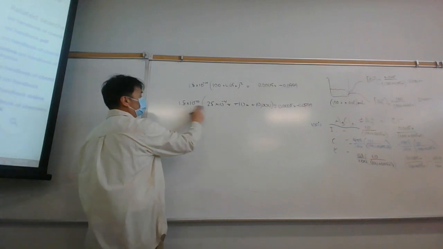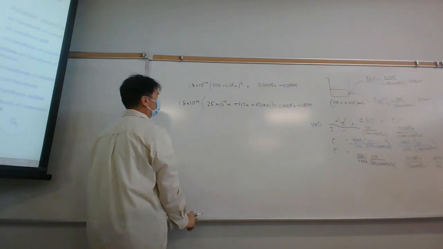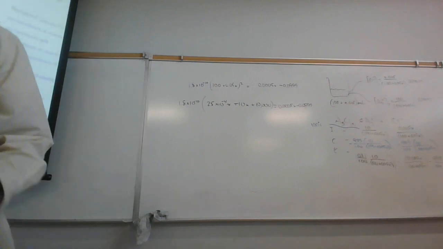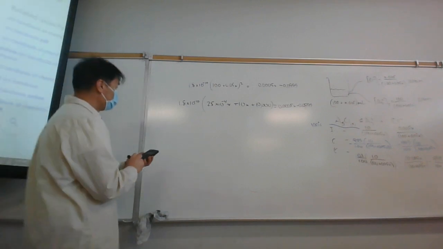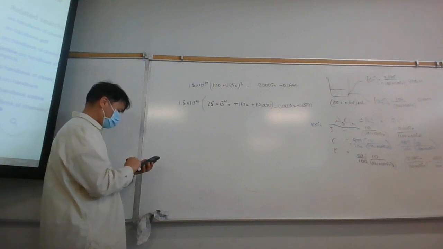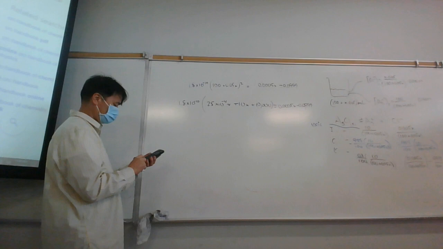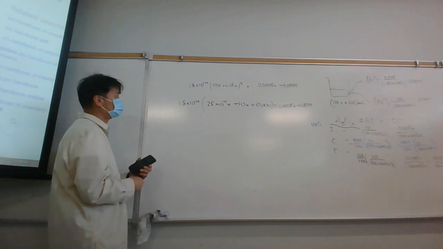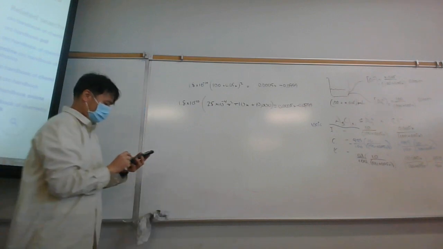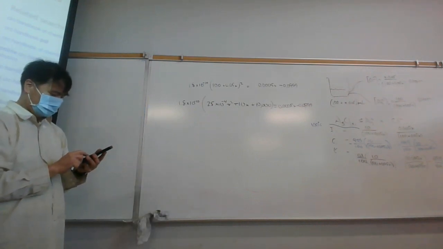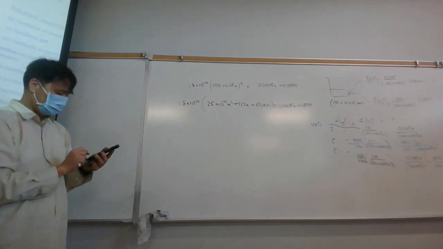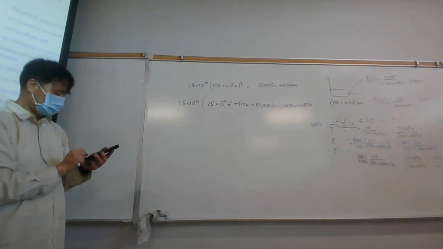So then I'm going to multiply this throughout here. So 1.8 times 10 to the minus 10. Which one is x squared? This one, first term. Yeah, square that. 1.8 times 10 to the minus 10 times 25 times 10 to the minus 4.